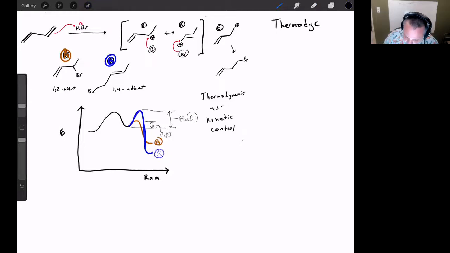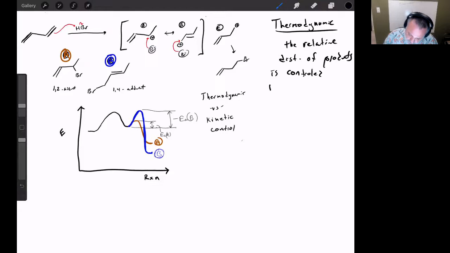Thermodynamic control, this is where the relative distribution of products is controlled by the energies of the products.